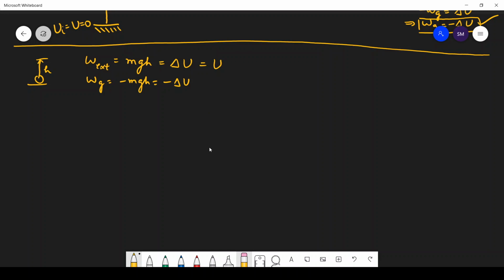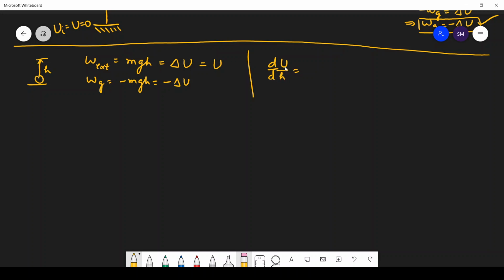Okay. Now if I want to write the gravitational force, let us find the derivative of the potential energy with respect to h.